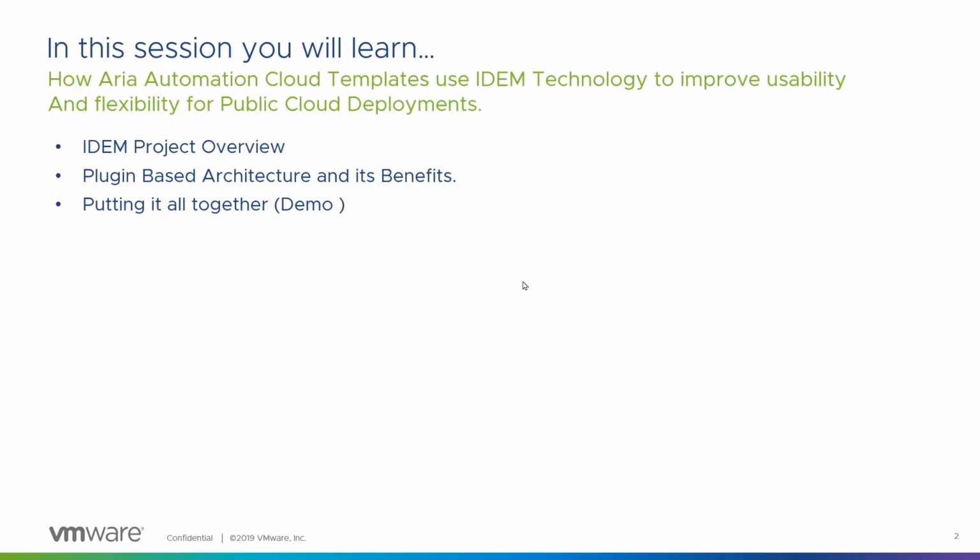We'll have an Idem open source project overview, and then we'll talk about the plugin-based architecture, which is based on the Idem technology, its benefits, and why they shifted to introducing such an architecture. And then we'll put it all together and show you a demo of the VMware Cloud template using the plugin-based architecture.